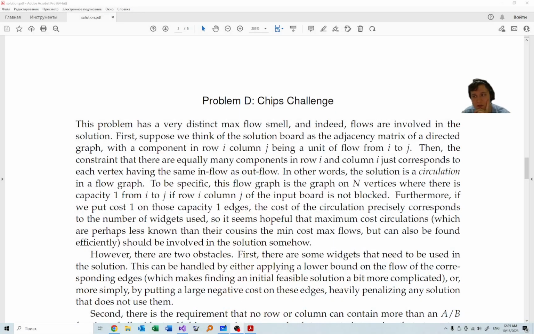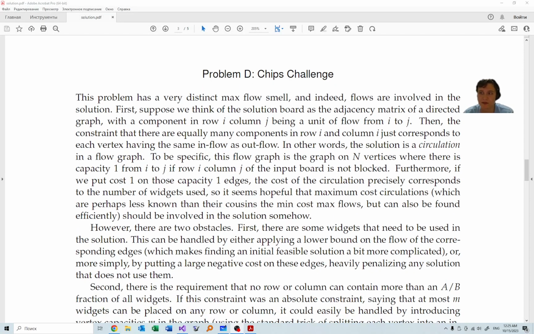Let's look at what the authors, or not authors, it's an unofficial analysis. So what maybe some participants recommend to do here? The solution is a circulation in a flow graph. Yes.